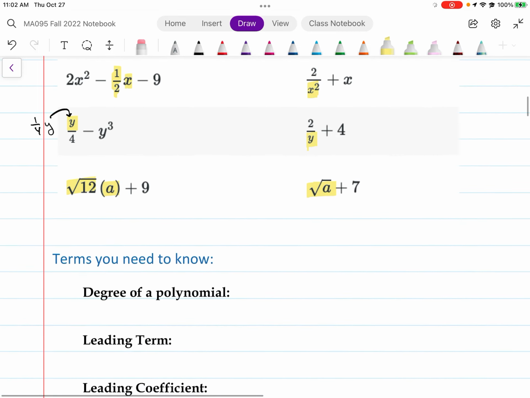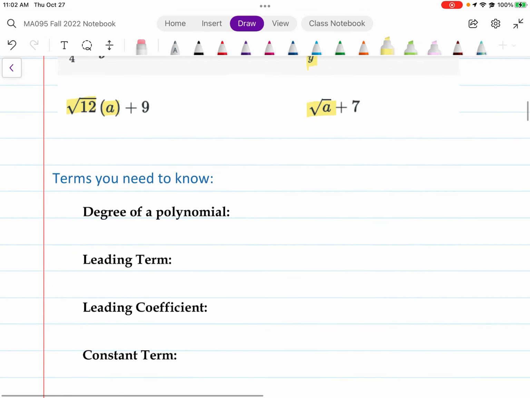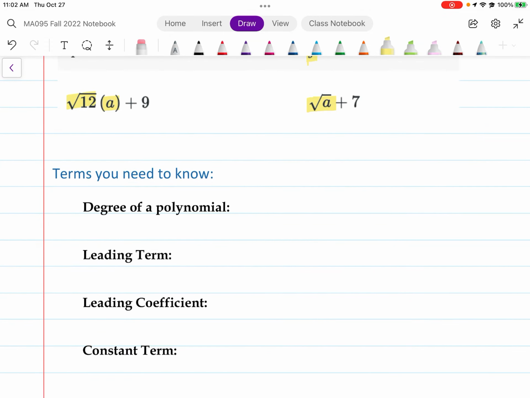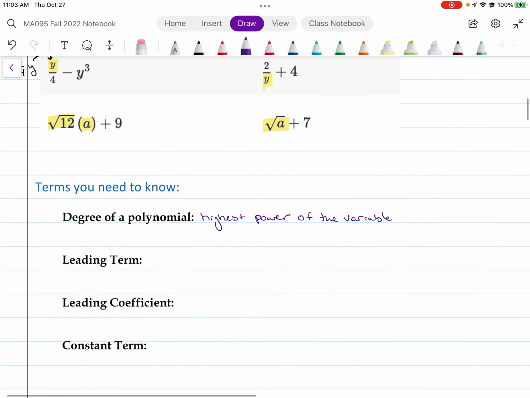Okay, so some terms you need to know: degree, leading term, leading coefficient, and constant term. So the degree of a polynomial is the highest power of the variable that occurs in the polynomial.